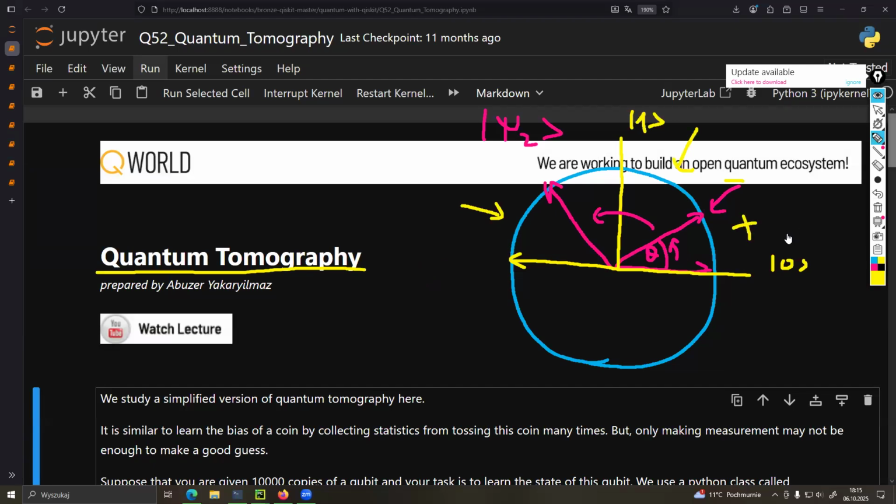If our state was alpha and beta, and we have rotated the state only in this quarter, we would only have positive amplitudes.